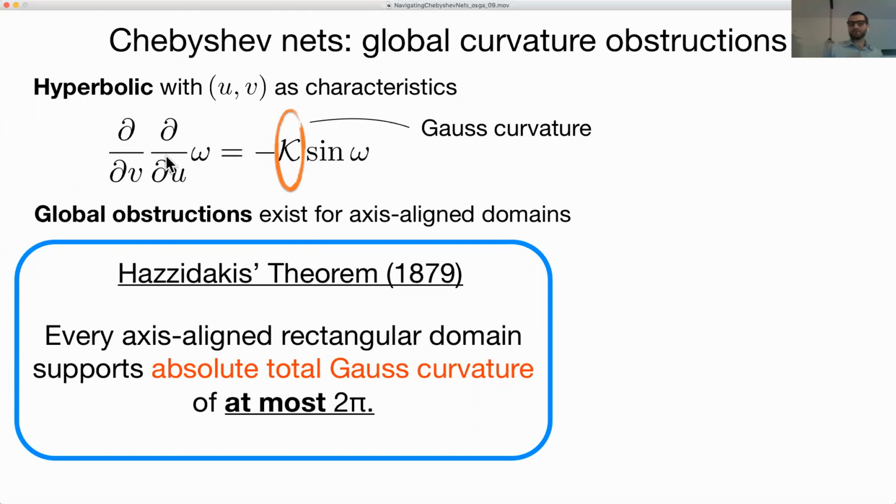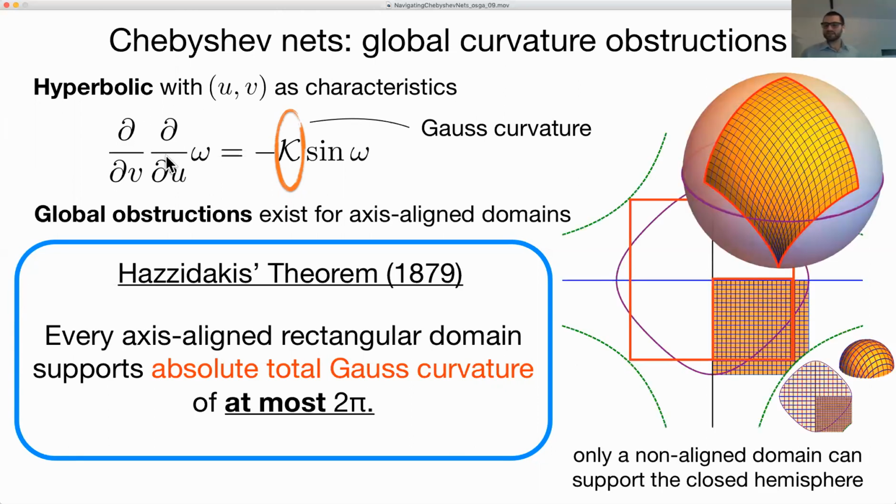And so you arrive at a result which was known to Hatzidakis just 1 year after Chebyshev came up with these nets, which is that every axis-aligned rectangular domain has a maximum amount of curvature that it can encode. Across any particular domain, you have many of these sub-rectangles, each of which can have at most 2 pi Gaussian curvature.